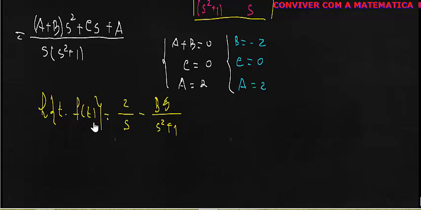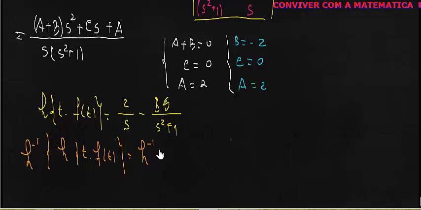Okay? And now I have the Laplace transform of t times f of t. Now let's apply the inverse to both sides of this equality. So I will get the inverse Laplace transform of the Laplace transform of t times f of t, and it will be the same as the inverse Laplace transform of 2 over s minus, I wrote here b, but it was not b, it must be 2, so I'm going to correct this.